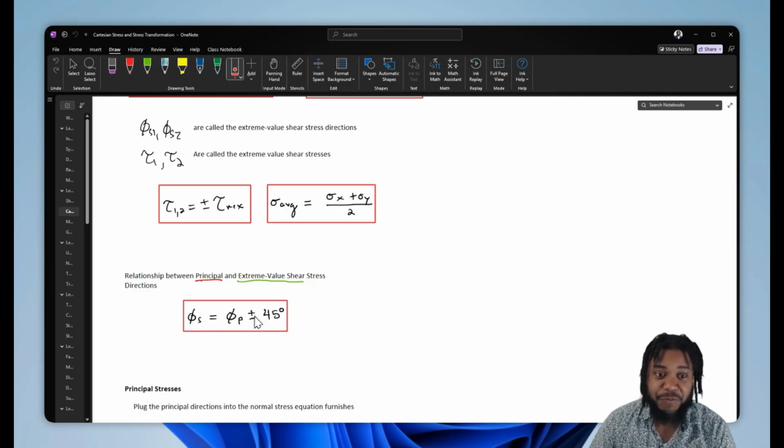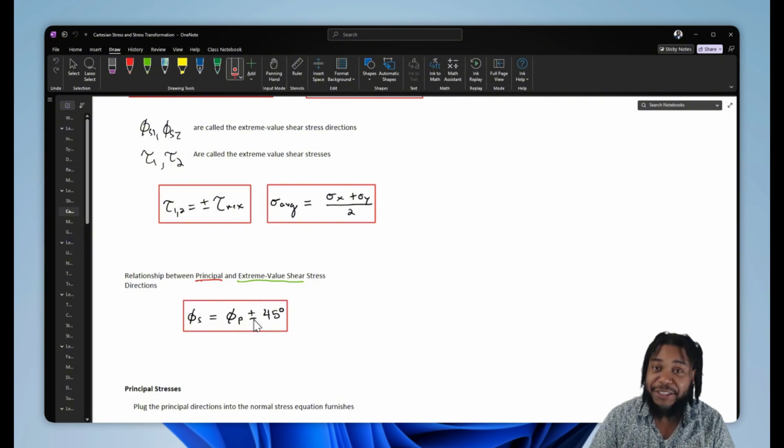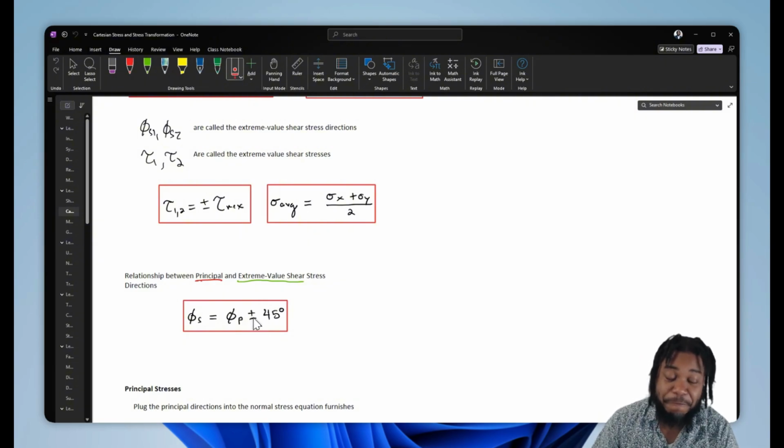That means that the extreme value of shear stresses sit at 45 degrees relative to the extreme value principal stress directions, right? What that also means is if we are able to find one set, we can very easily find the second set of important directions within our stress tensor.